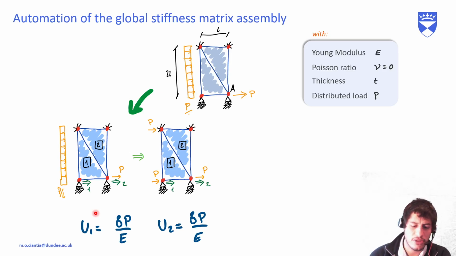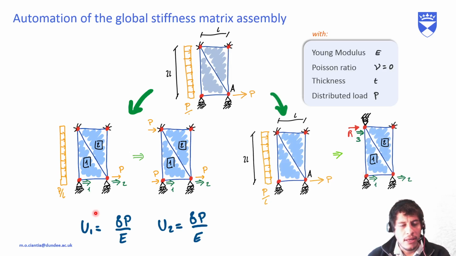We also solved this using the penalty method. Then we also solved the problem again, but this time introducing the reaction here by removing one of the constraints at this point. And again, we solved it both by hand and using the penalty method.